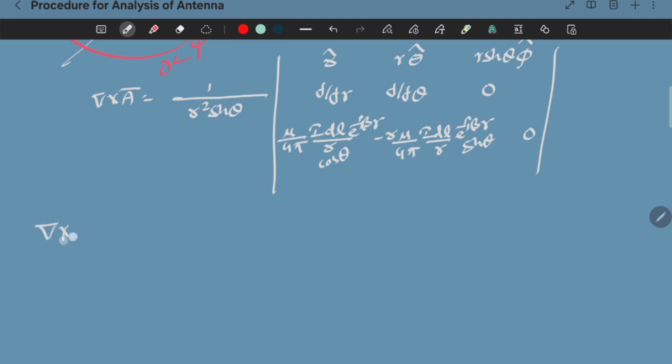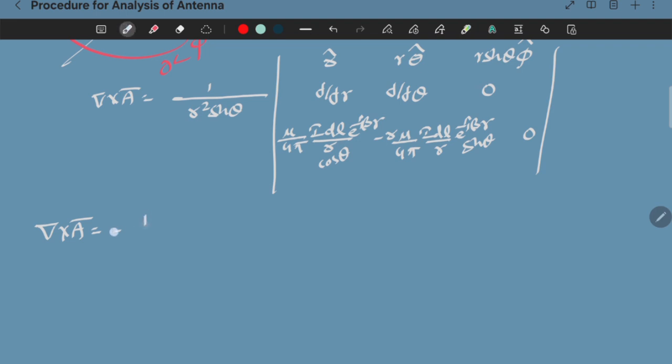Then if you want to get the r component, remove this column, remove this row, this determinant will be 0. If you want the theta component, this one is to be multiplied minus this one, again 0.